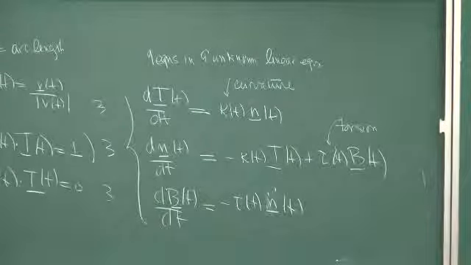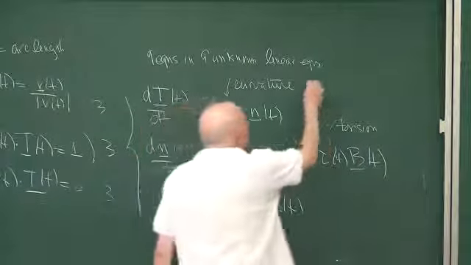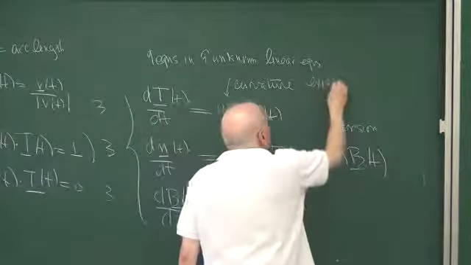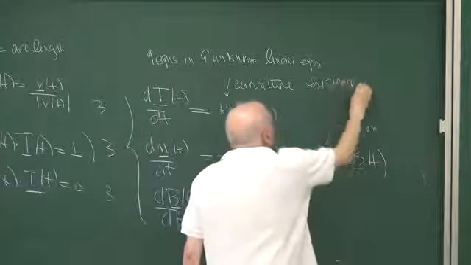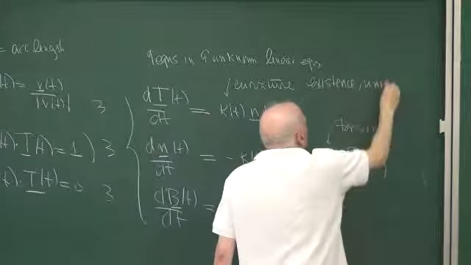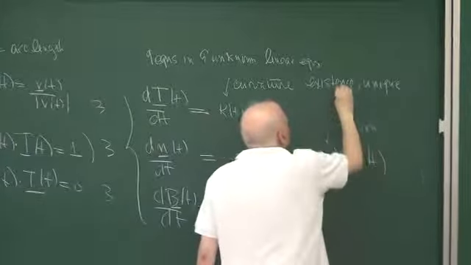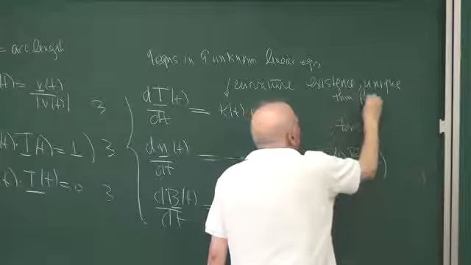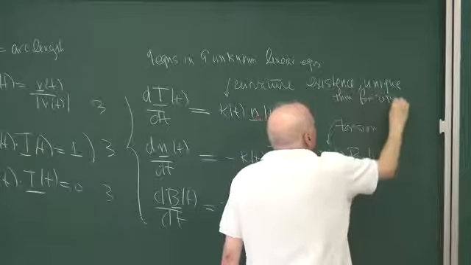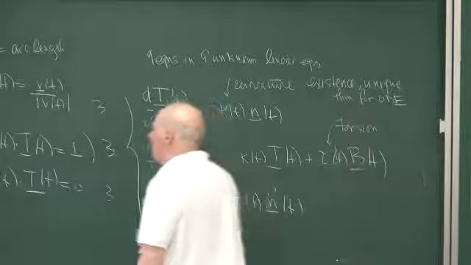Since it's linear equations, if kappa and tau are continuous functions of the independent variable t, then the existence and uniqueness theorem for ODE says what?